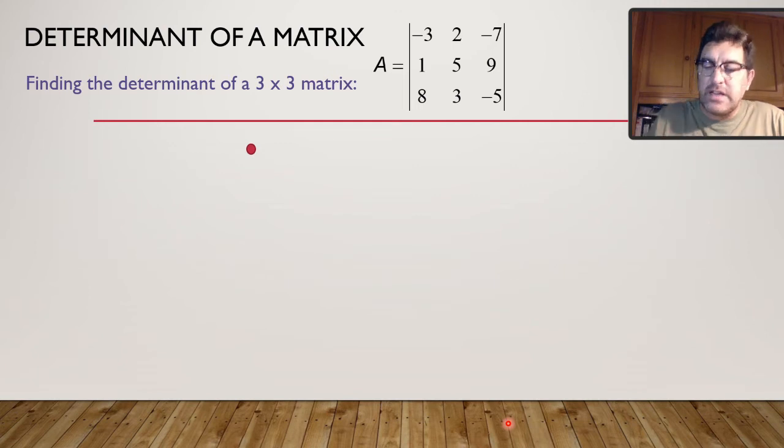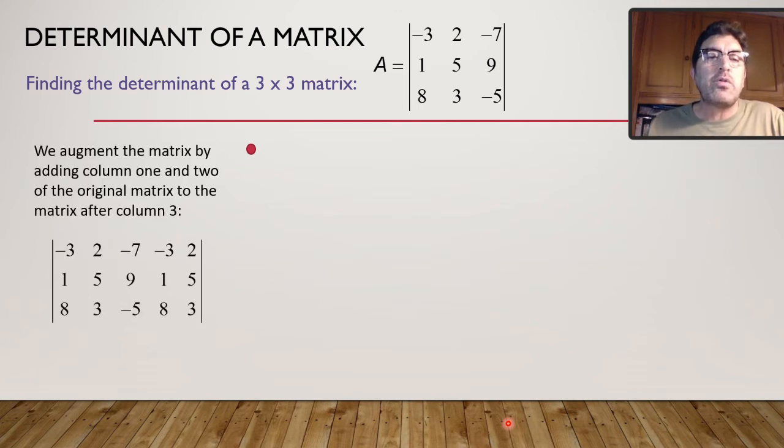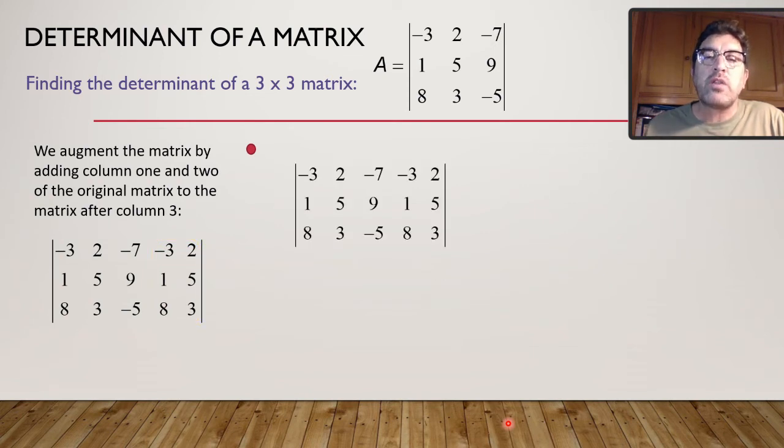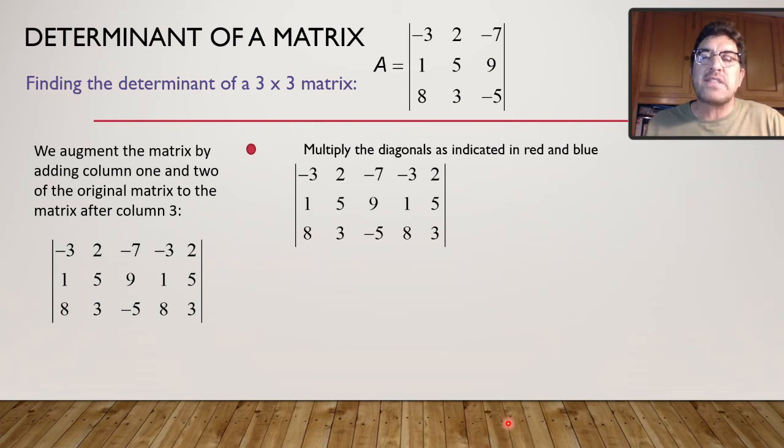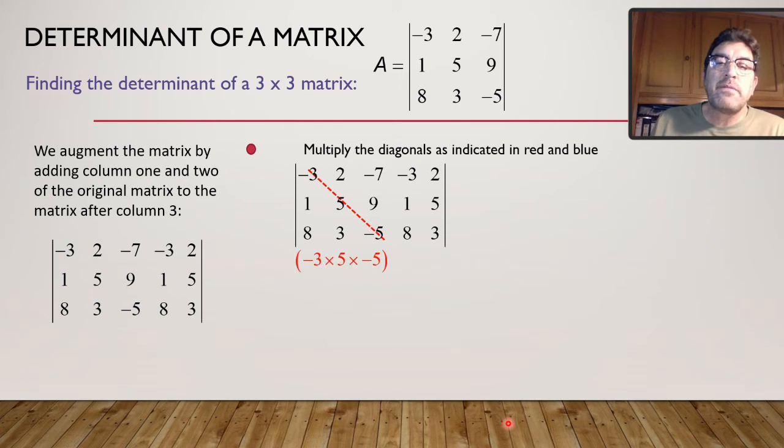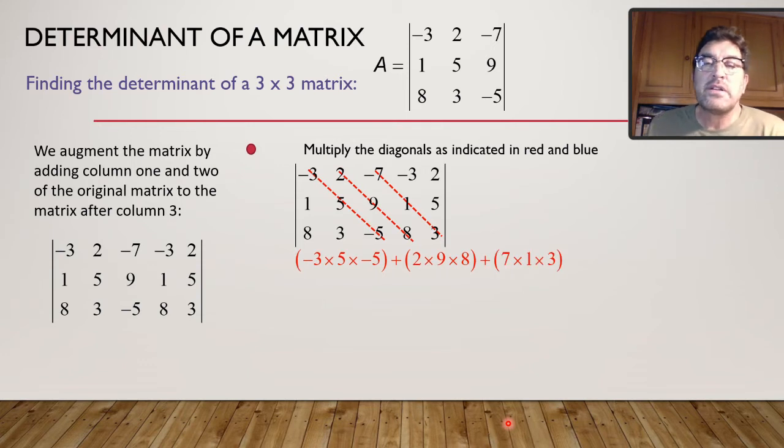Okay, let's have a look. First of all, you augmented the matrix by repeating the first two columns after the third column. Working with that matrix, you multiplied the diagonals with the red, you multiplied those three, you added it to the diagonals on the next one, added it to the entry on the third diagonal, and from that you worked backwards.